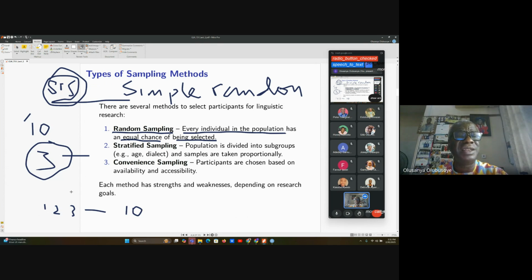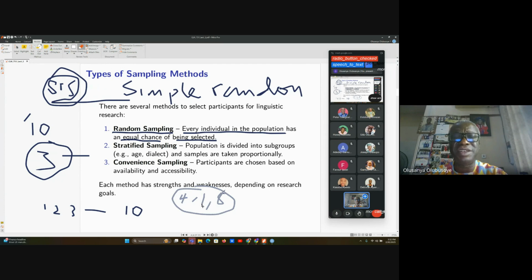Let's say 4 is generated, followed by 1, followed by 8. Then it means these are the people that will be selected. So the bottom line is that in random sampling, every member of the population is given equal chance.